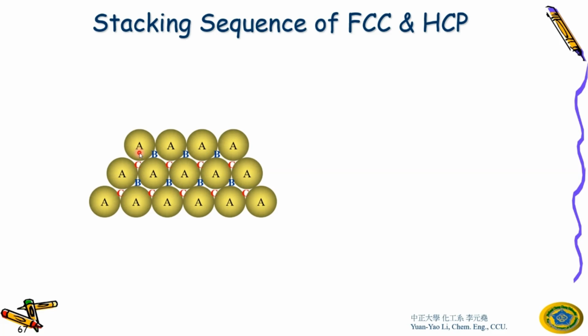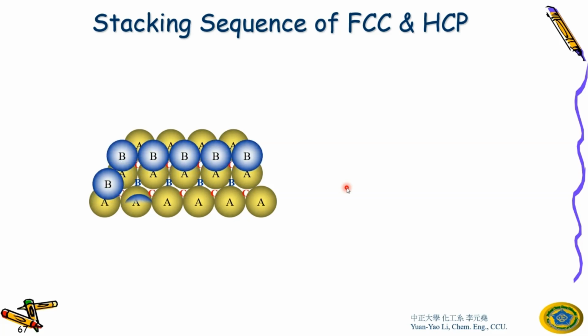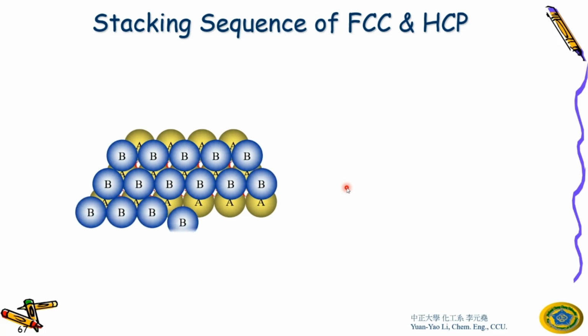No problem, right? Okay, so you have 2 choices in layer 2, B site or C site. In this case, we put in the B site. Of course, you can put in the C site if you want to. When you put in the B site, next you have 2 choices again for layer 3: put in the C site or put in the A site.